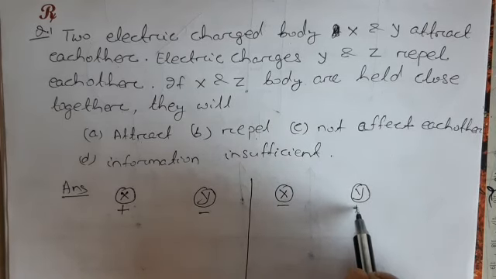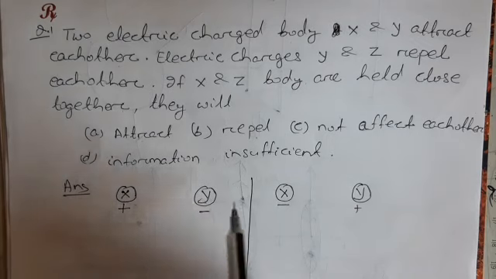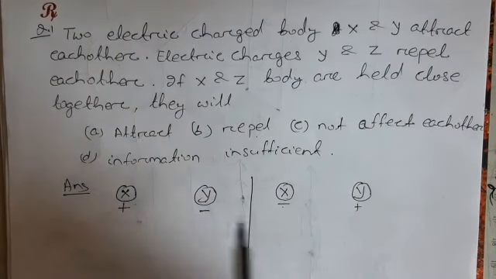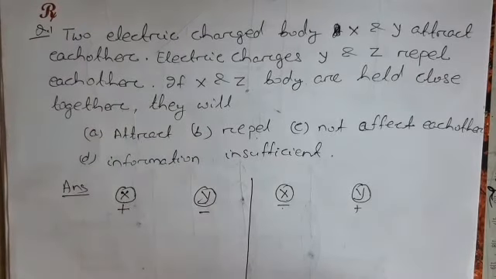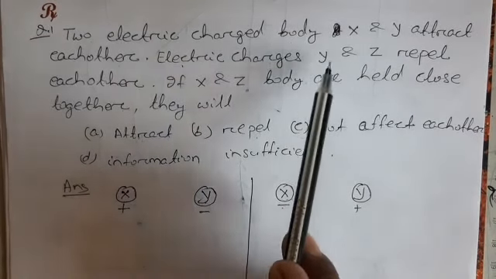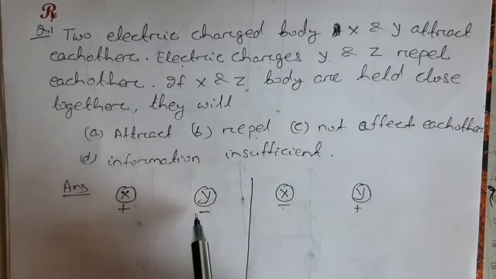So I will take two cases: one, x is positive, y is negative, or x is negative, y is positive. In these two cases, they will attract each other. Accordingly, it was told that electric charged bodies y and z repel each other.